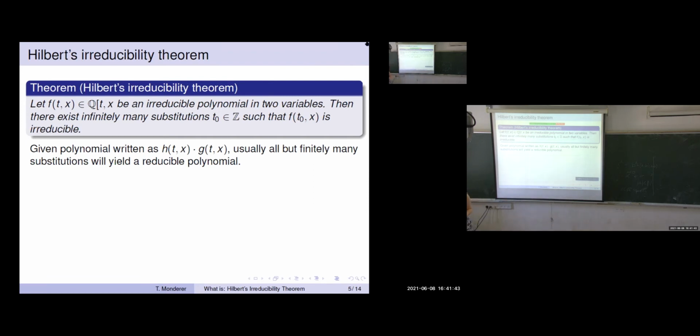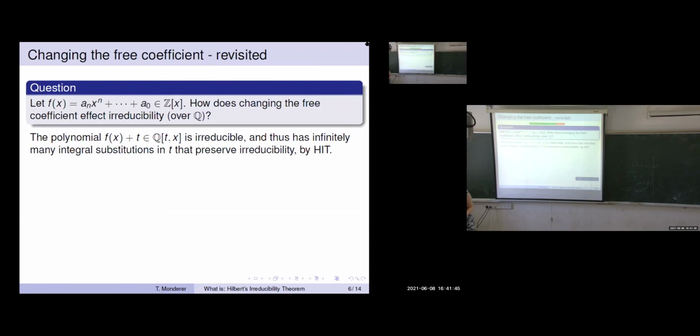So let's see. Going back to our motivating question, if I take my polynomial f of x plus t, then this is an irreducible polynomial in the two variables t and x, because it's actually a linear polynomial in t.